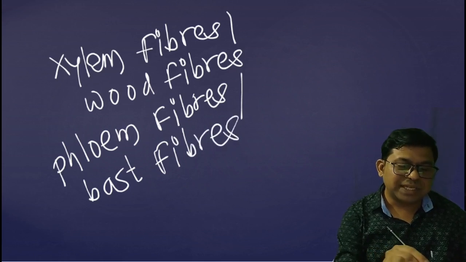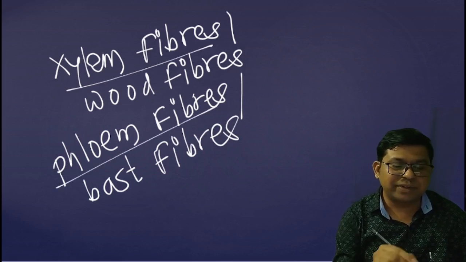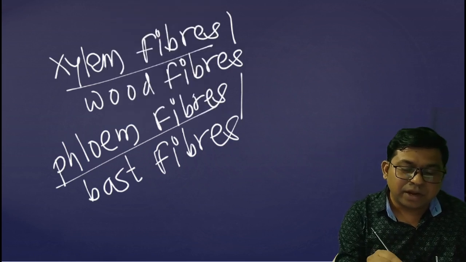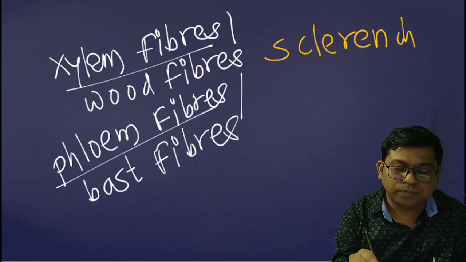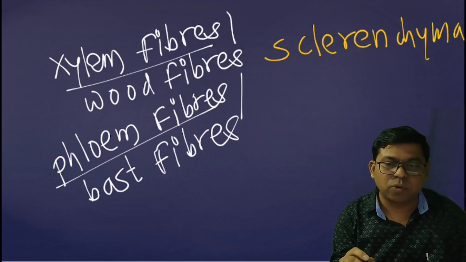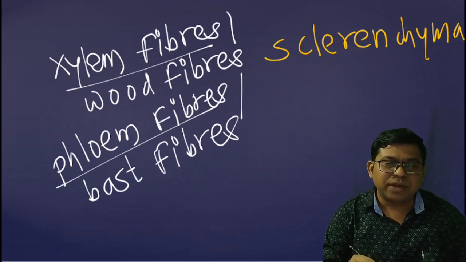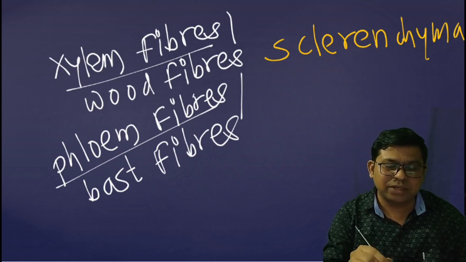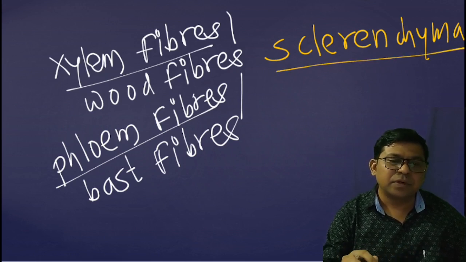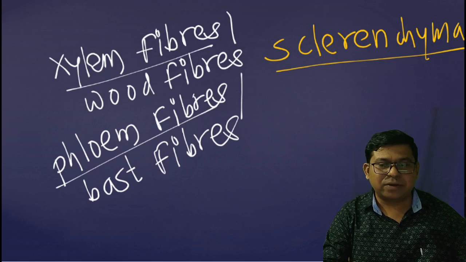Okay, so the xylem fibers or the phloem fibers are associated with the sclerenchyma cells, and we know that sclerenchyma is the dead tissue due to the lack of protoplast, and it is acting as a mechanical tissue, and it is providing a mechanical strength as the vascular bundles including xylem and phloem are associated with this sclerenchyma cell. So this is all about the distribution of mechanical tissues in the dicot leaf.